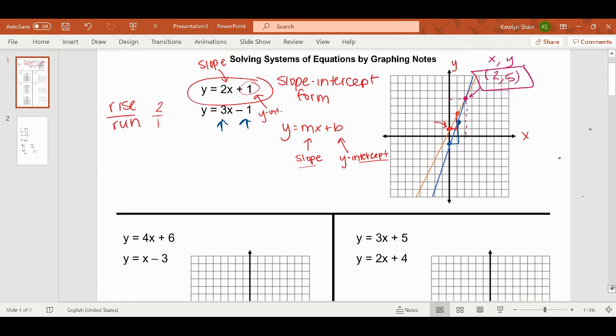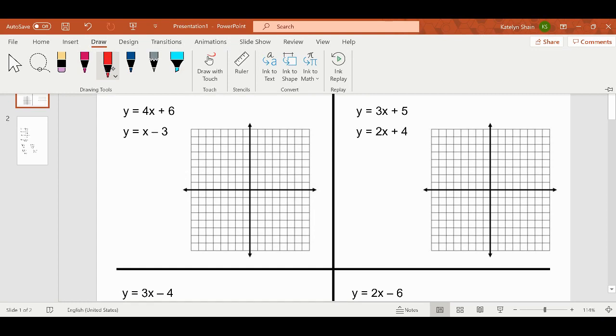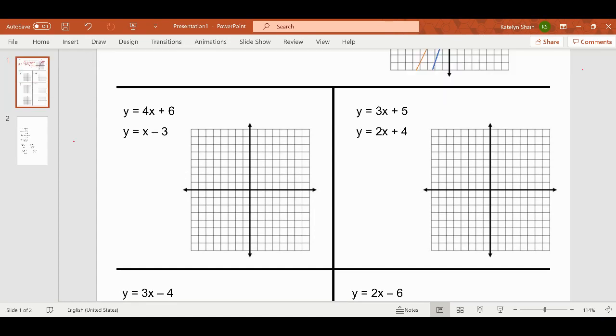All right, let's try it again. Looking at this first one, I'm just going to look at the first equation first. I don't care about the second one at all right now. My y-intercept for this one is going to be 6. So on my y-axis, I'm going to go up to 6, and that's where my first point is going to be.